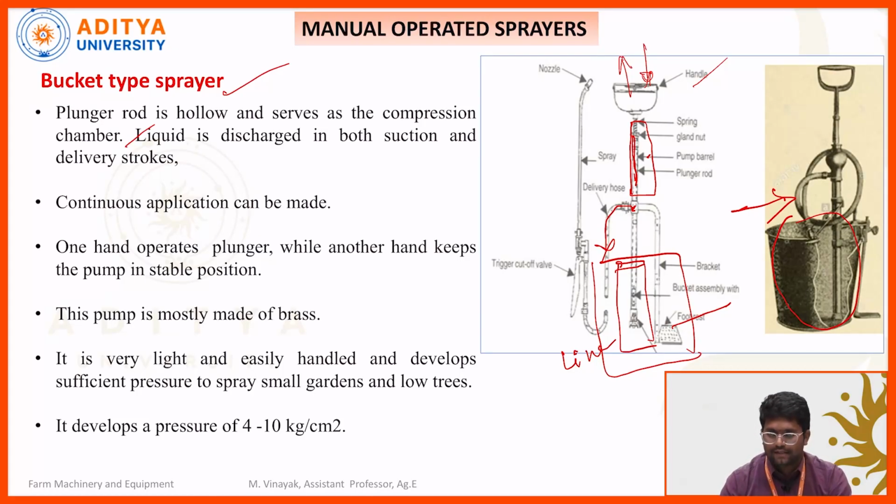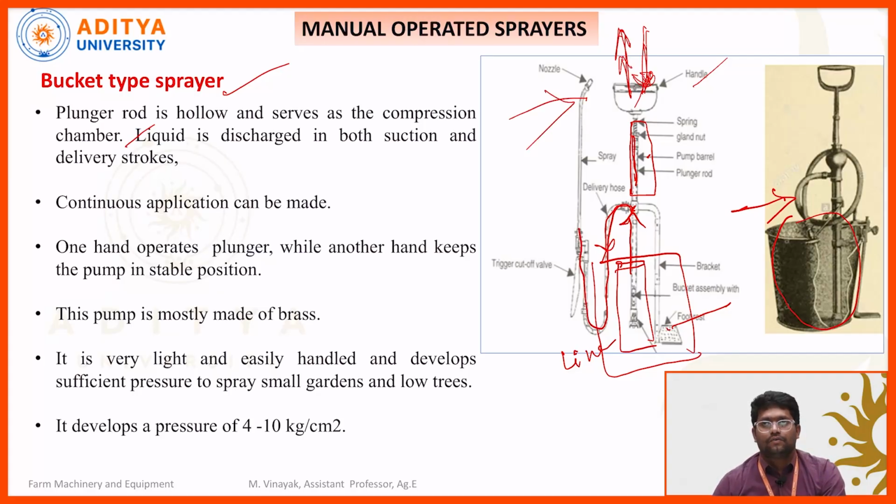By using the handle, this entire system works. In both the downward and upward directions of operation, the liquid is sucked into the plunger rod and delivered to this gun. This is the purpose of the foot rest.